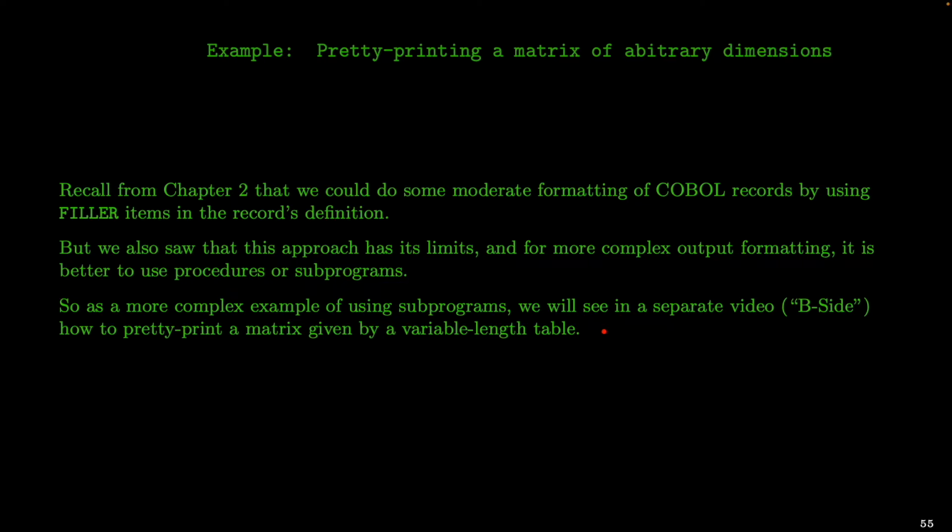And in this example, I will use subprogram calls, I will use conditions, I will use loops. So everything we've learned so far will be applied in this example. And I think it's quite nice to do this, and also quite interesting to see how to print a matrix on a terminal screen. Look out for my video on this.